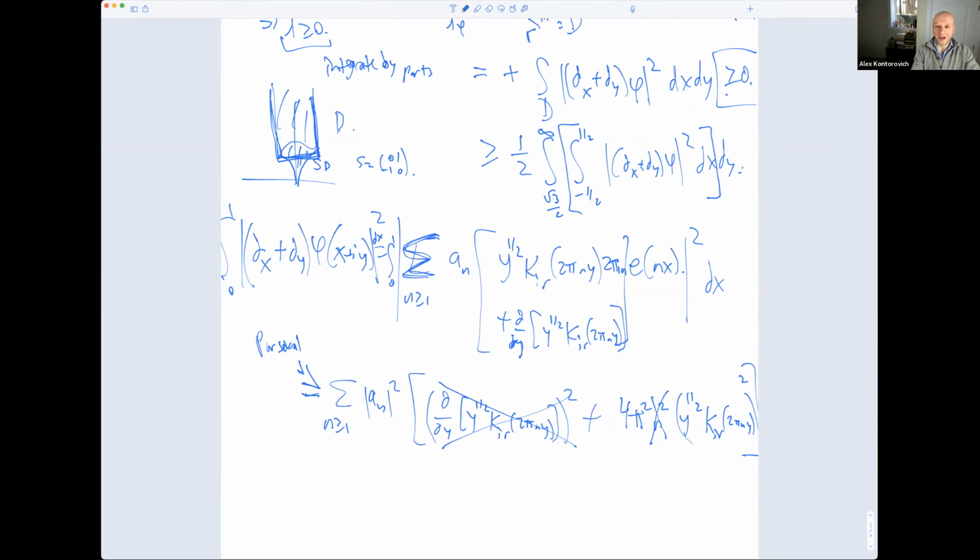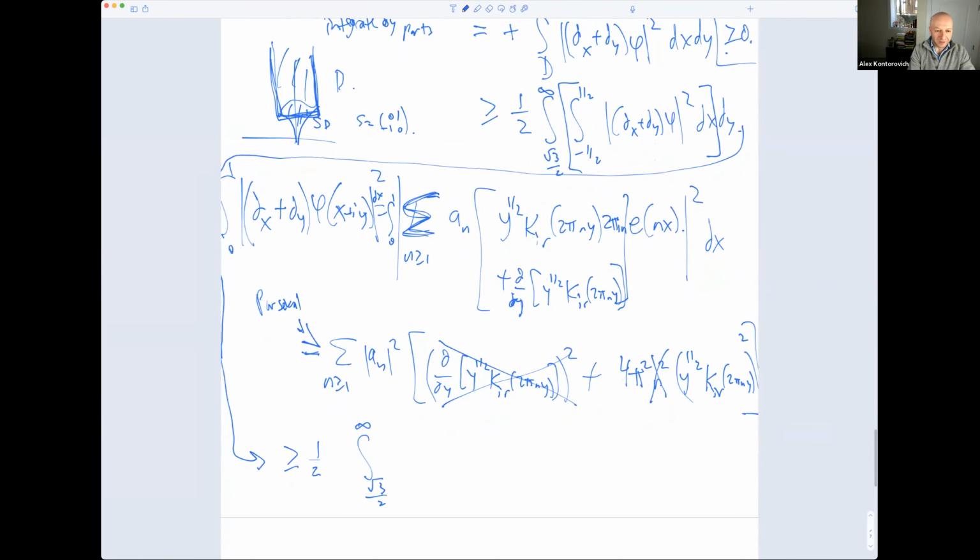Okay, so if we go back to this integral, I'm dropping a bunch of positive things. I have this factor of 1/2. I'm integrating from √3/2 to infinity.